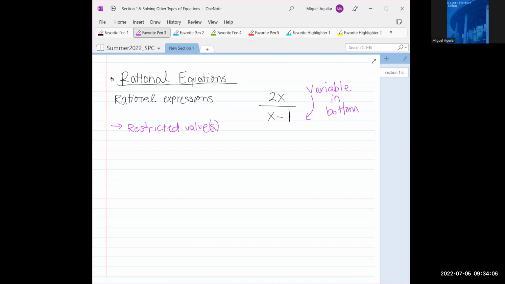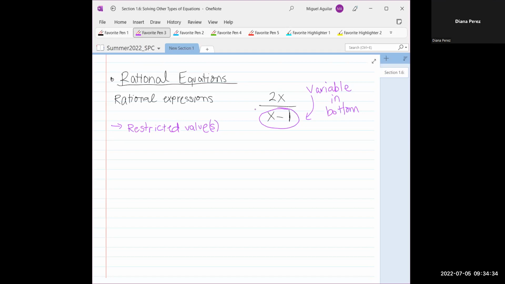Especially in Zoom, I can't see your faces, so it's important to be vocal here. So if you don't remember, what we said is if we don't want to divide by 0, then this thing in the bottom can't be 0. So for some expressions, you can just look and say, okay, x minus 1, what is going to make that equal 0 if I plug it in for x? Something minus 1 gives me 0. What is that something? 1.